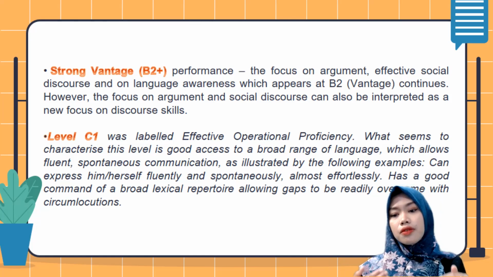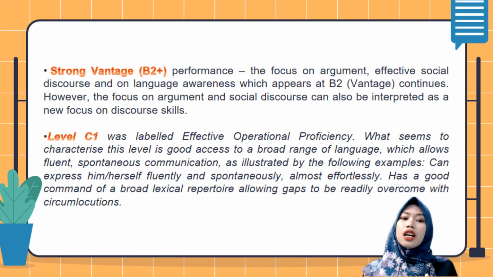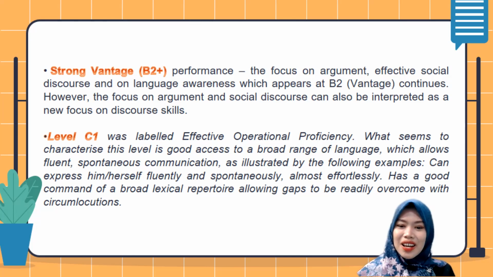At this level, we can express fluently and spontaneously almost effortlessly, okay? Effortlessly, without effort. So it's easy in this stage, okay? Because the person who got level C1 is really a master of language, okay?